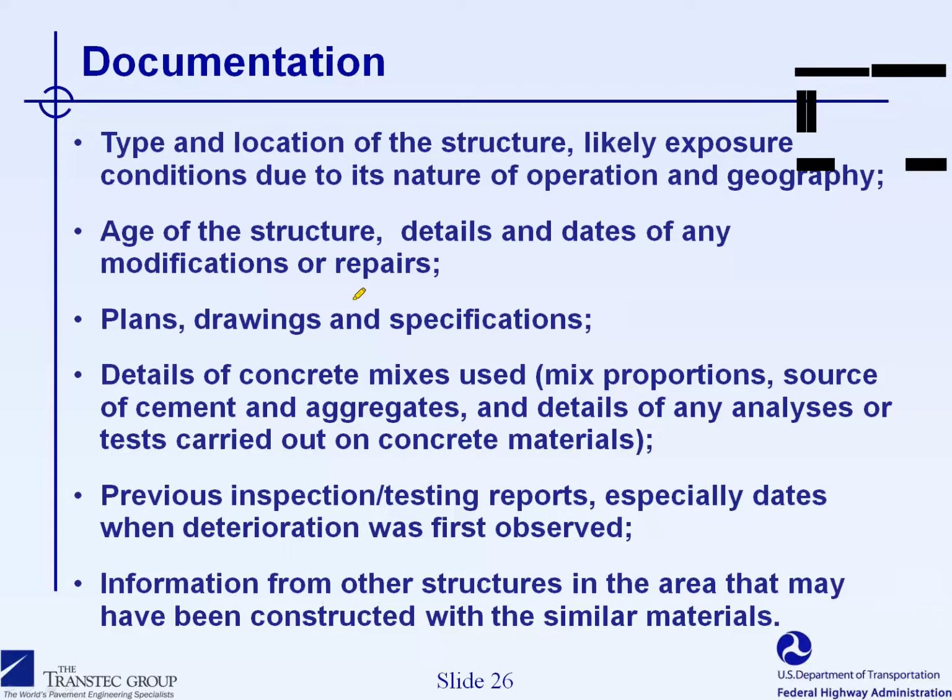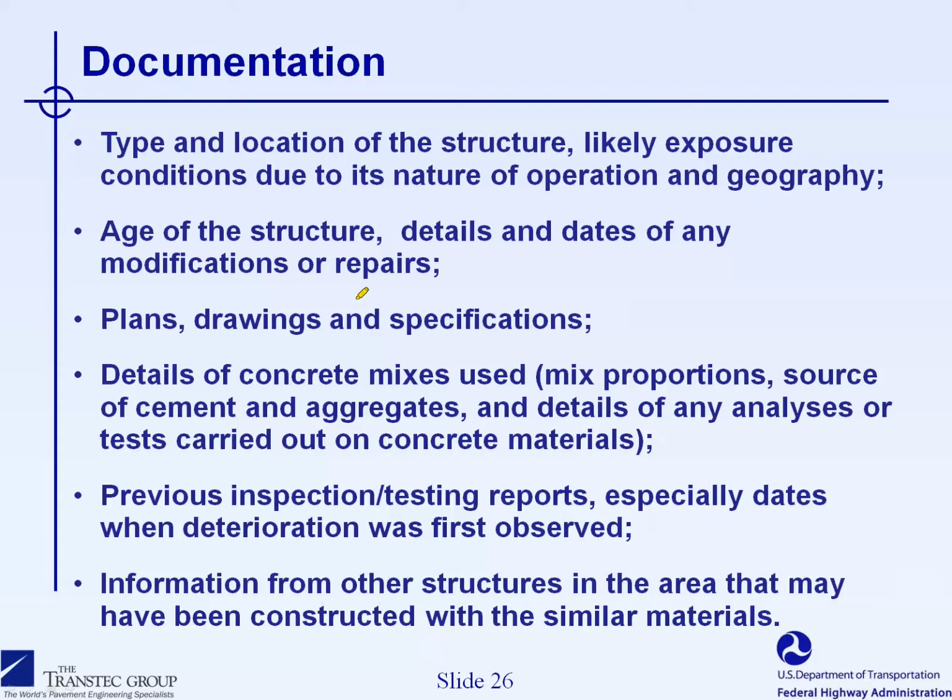Once the field inspection has been completed, and in some cases some concrete structures may have been flagged as potentially affected by ASR, another step in the process of determining if ASR is really present or not is to go and try to find the documentation associated to the structure evaluated.